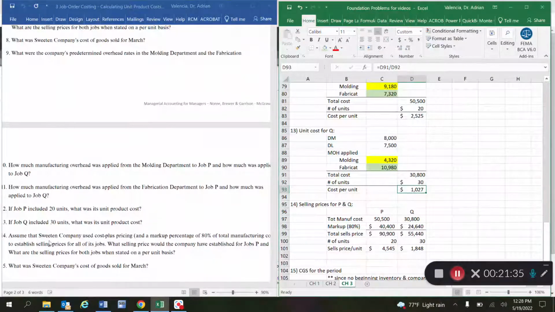Under 14, it says, assume that Sweden company uses the cost plus pricing in the same way that we did before, and the markup is 80% again. What's the selling price for jobs P and Q?